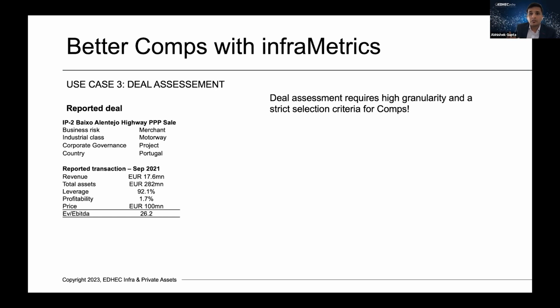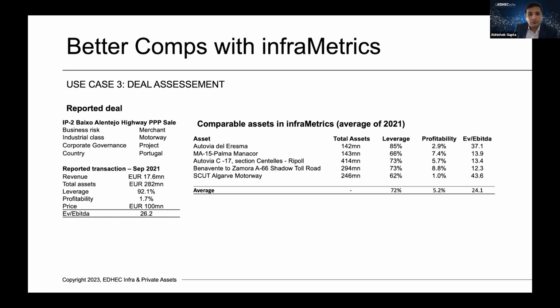And it requires very high granularity, strict selection criteria for comps. We were talking about the spectrum. This is the case where there is a need for granularity because you are looking at individual assets. There is no point in offsetting the idiosyncrasies to some extent, so you can try to go granular. So we have tried to find these comparable assets in infraMetrics.